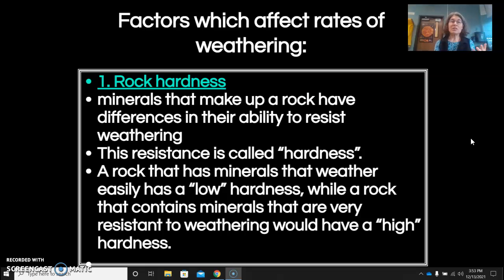And a rock that weathers easily has a low hardness, while a rock that's more difficult to weather has what's considered a high hardness. So an example of contrast there might be calcium carbonate or limestone, which has a pretty low hardness compared to something like igneous rock, like basalt, which has a high hardness. So those are going to weather differently.